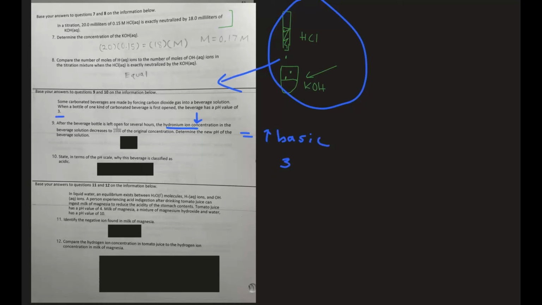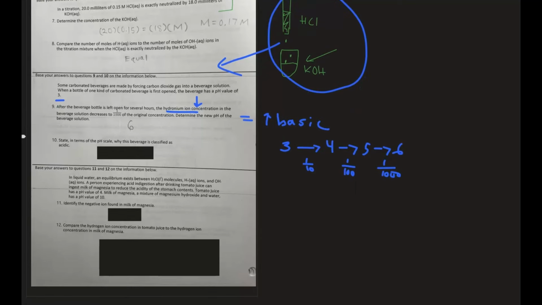And since we know that each pH that goes up is a factor of 10, and we have 1/1000th, so if we go to 4, 5, and then 6, so from 3 to 4, it'd be 1/10th hydronium ion concentration, 4 to 5 would be 1/100th, and 5 to 6 is just 1/1000th. Actually, this is inaccurate. It's 3 to 4 is 1/10th, 3 to 5 is 1/100th, and 3 to 6 is 1/1000th. So in our case, the new pH would be 6.